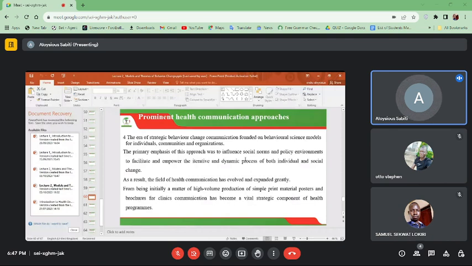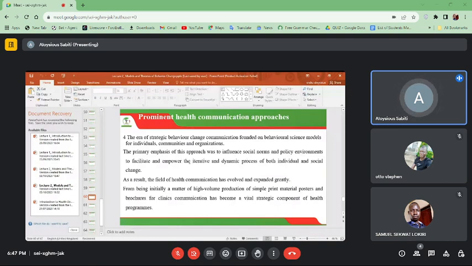Away from all the other eras, you can be able to realize that the era of strategic behavior change is where now sexual reproductive health communication falls in. Influence social norms and policy environments to facilitate and empower the imperative and dynamic change.